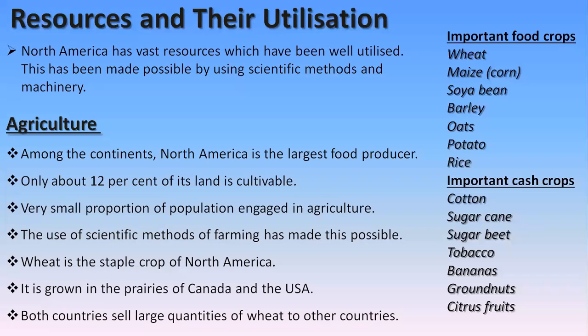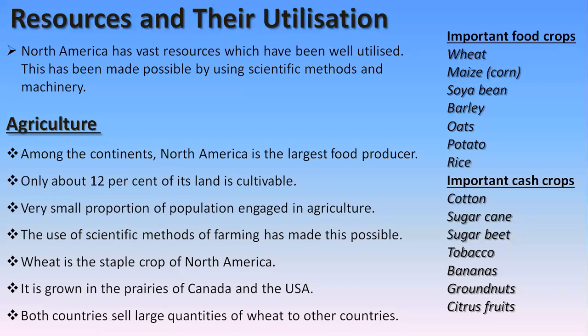Now we are going to discuss another important topic, resources and their utilization. North America has vast resources which have been well utilized. Okay, so this has been made possible by using scientific methods and machineries. America is such a mechanized country. They use machineries in all fields of their society.